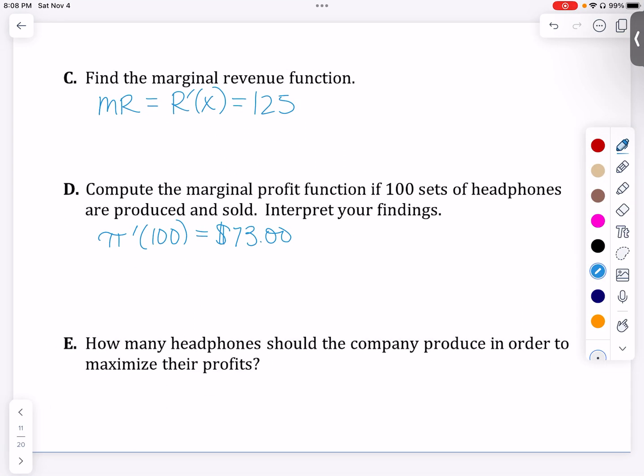Okay, how many headphones should the company produce in order to maximize their profits? So our goal is to optimize or maximize. We'll talk about that lots this chapter. So we want to know, how can we maximize profit? If we derive that pi function from the previous slide, we're going to get 75 minus 0.02x.